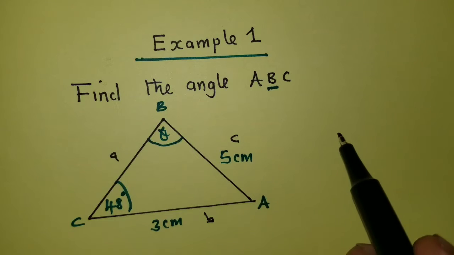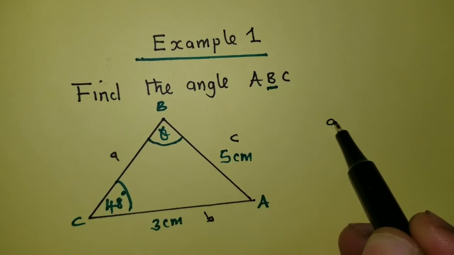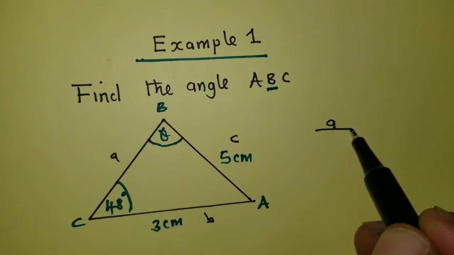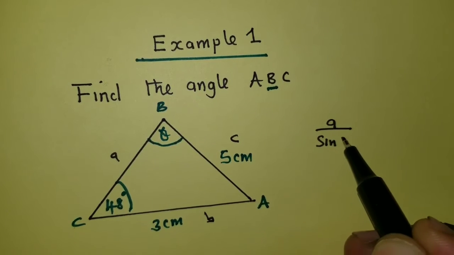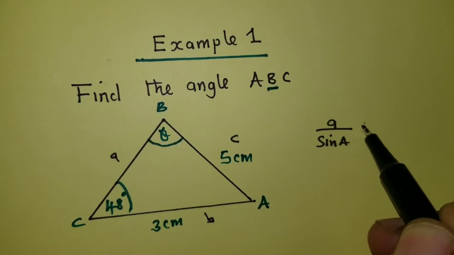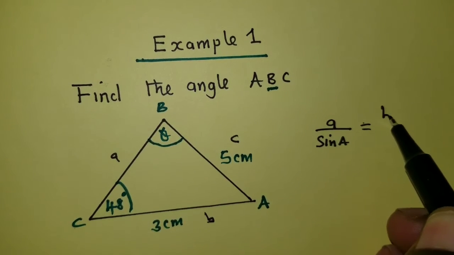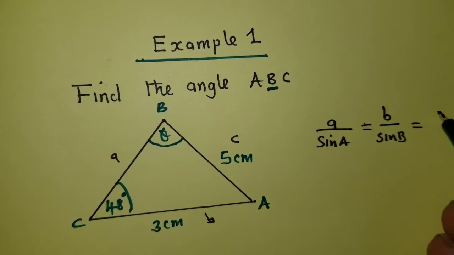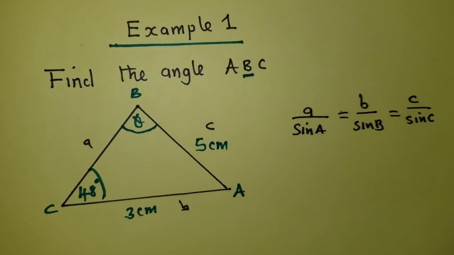So we shall write the formula, that is a. A is not involved, so let's not write a. Okay, let me just write the full formula so that we pick. So this is the full formula of sine rule, okay? I guess you understand what I'm trying to show you.